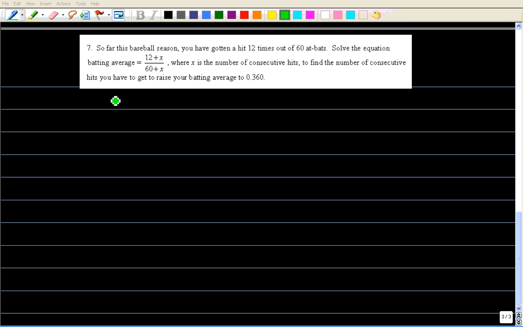We're wanting our batting average to be 0.360. And so far we've gotten 12 out of 60, but we're trying to figure out how many consecutive hits we'd have to get to increase this batting average.